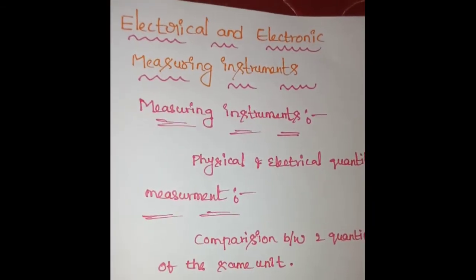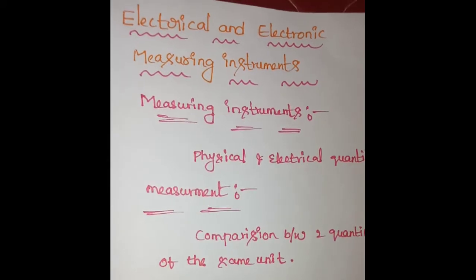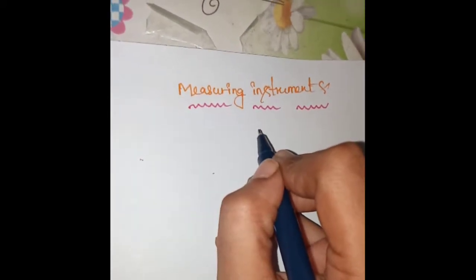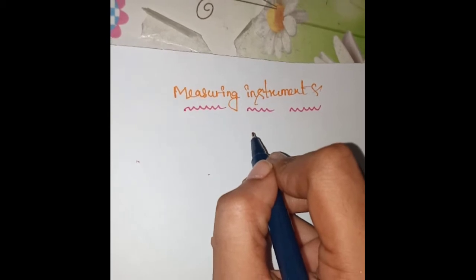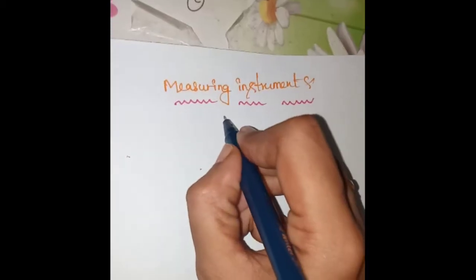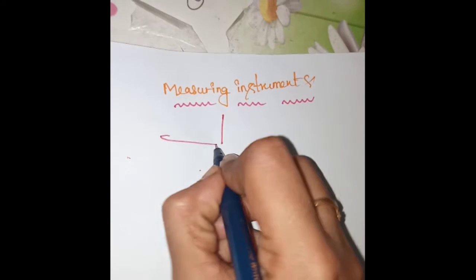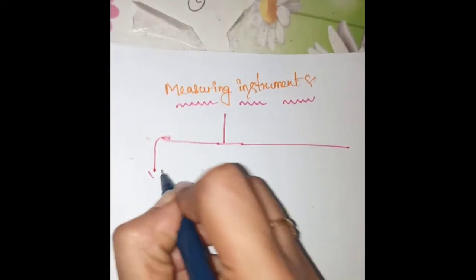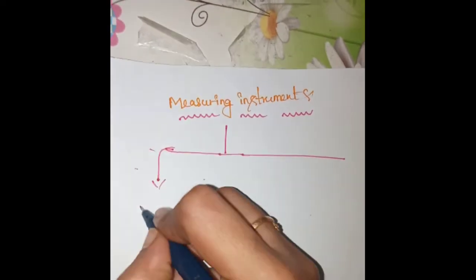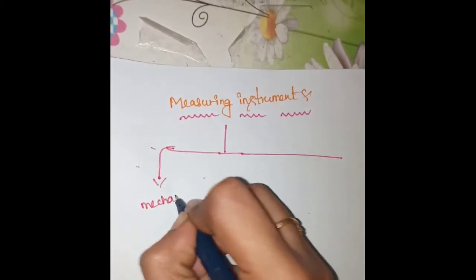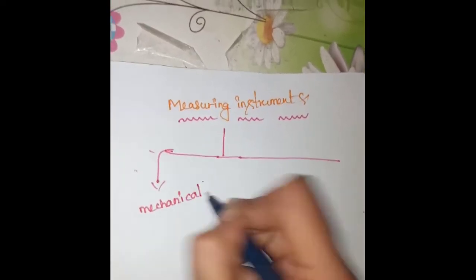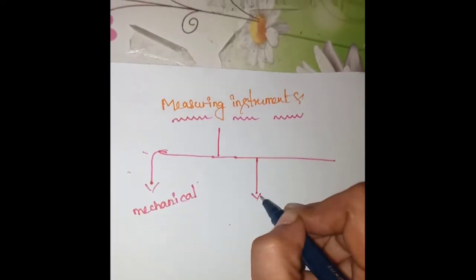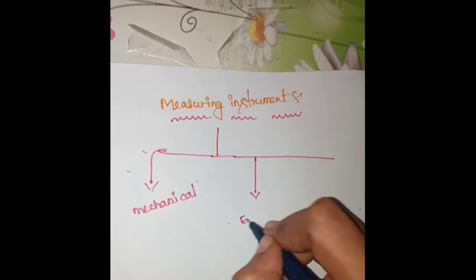Coming to the types of measuring instruments. The measuring instruments are broadly classified into three categories. First one, mechanical instruments. Second one, electrical instruments.